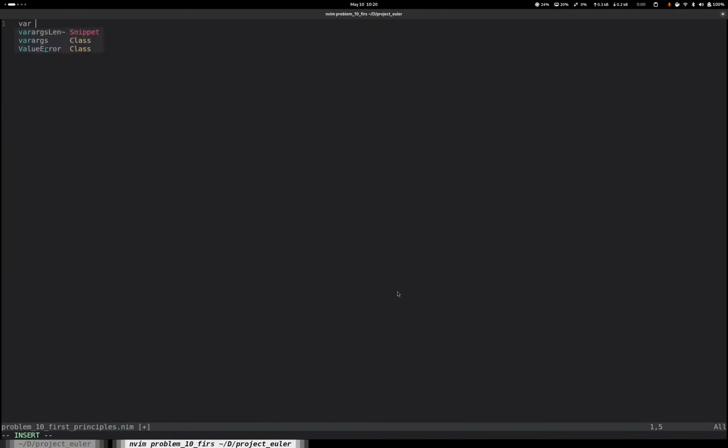For example, you can do, let's declare, let me activate my highlighting first. Final sum, call it an int.